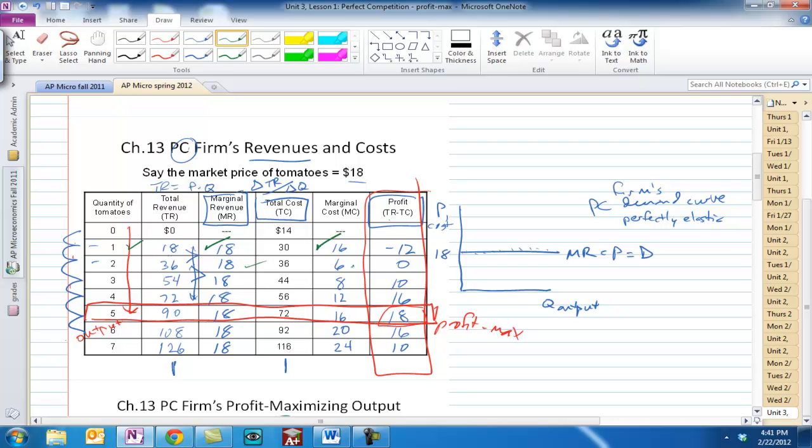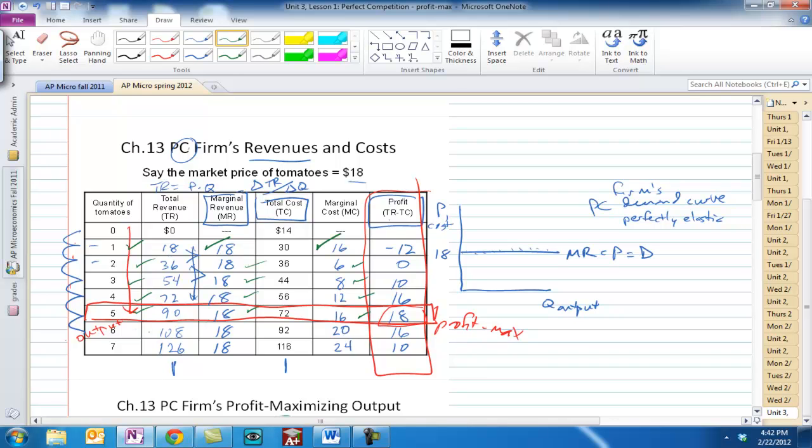Second one, 18 versus 6, definitely yes. Third one, 18 versus 8, yes. Again, with each of these, they're taking in more than they're spending, so they're adding to their profit each time. And with the 5th unit of output, 18 versus 16. Now here's where it changes.